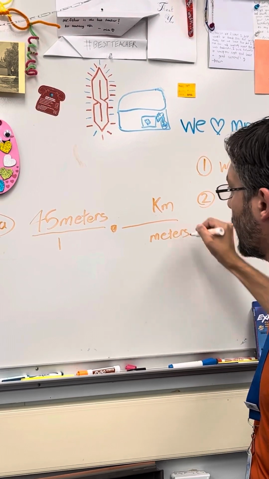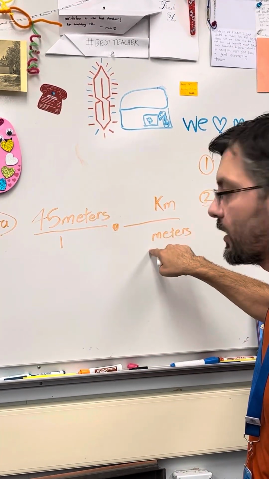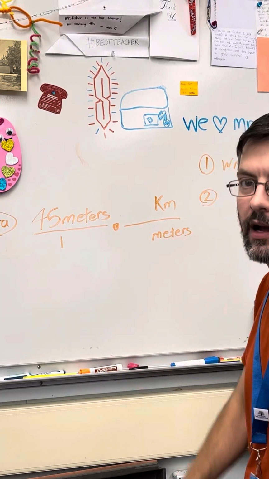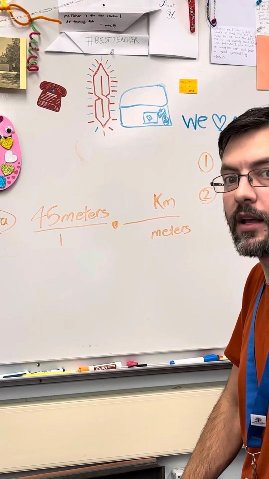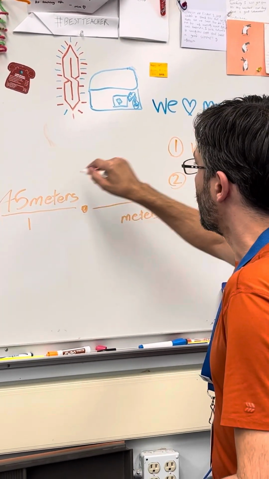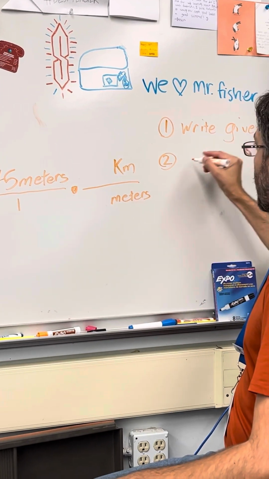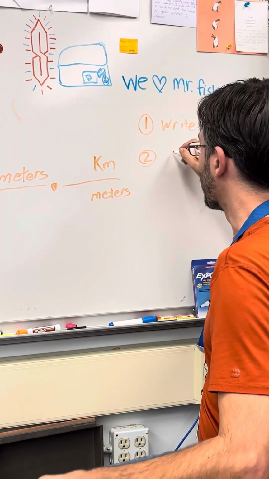If you remember how it works in algebra, if you have something at the top and something at the bottom, they will cancel each other out. They literally become 2 over 2, x over x, y over y. It becomes 1 and the 1 disappears, just like this annoying guy. So right now, I've written down what's given, and number 2, I write in what we're going to remove and what we're going to keep.